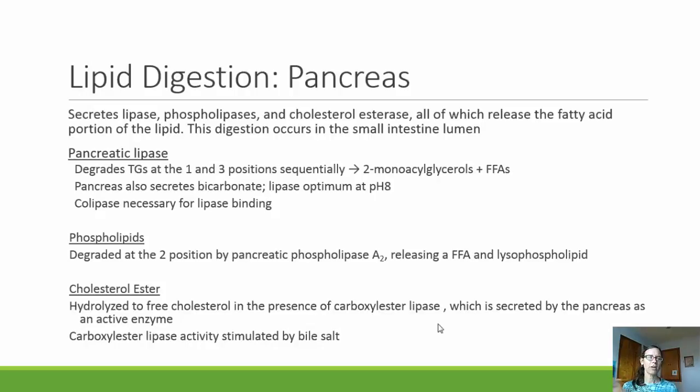First we have pancreatic lipase, which is again going to degrade into monoacylglycerol and free fatty acid. The pancreas also secretes bicarbonate so that this pancreatic lipase can work optimally, and also colipase, which is necessary for lipase binding. If you're interested in that, you can read more about it in your book.